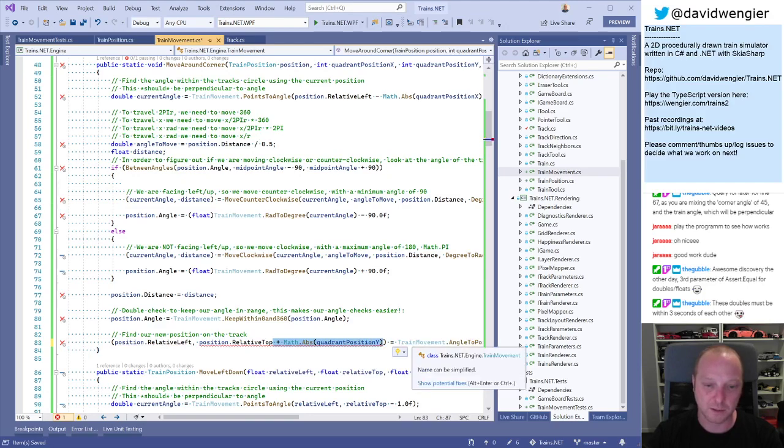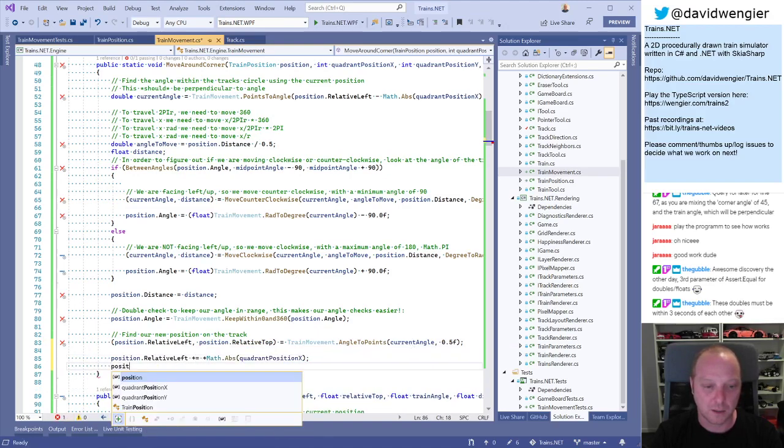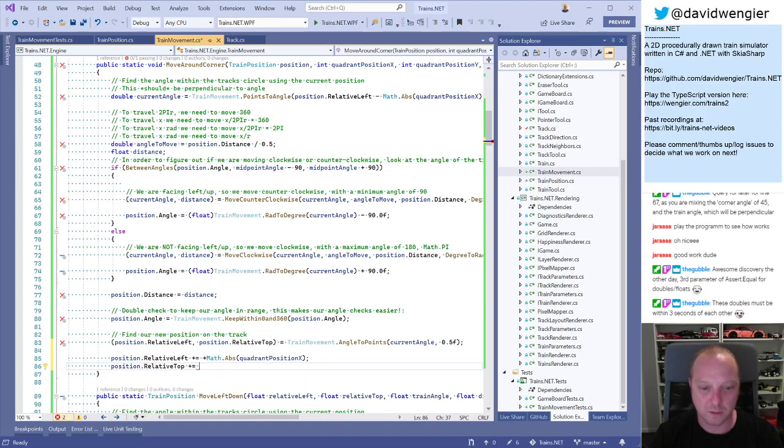Because you can't just write code like that. Plus equals that, and plus equals, not two pluses. Okay, that's Y. Alright, and run the test again. Maybe they'll pass? Not really confident, as you can probably tell.